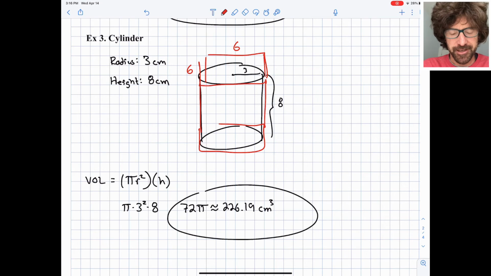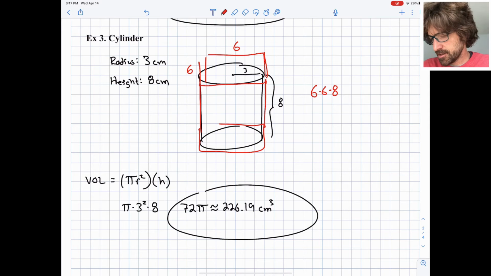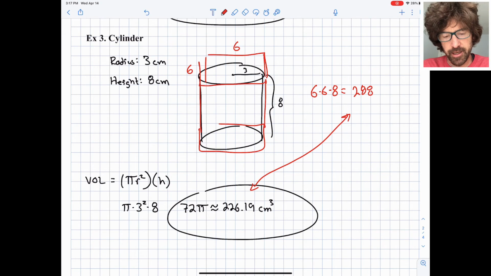If the radius of this circle is 3, the diameter is 6, and as a rough estimate, you could think of this square prism as having side lengths of 6 by 6. Let's find the volume of that: 6 times 6 times 8, and that's 288. So that's just a way of saying, okay, our answer is in the ballpark. This square prism should have a greater volume because we're including the corners that aren't included in the cylinder. But it's a way of checking your work.